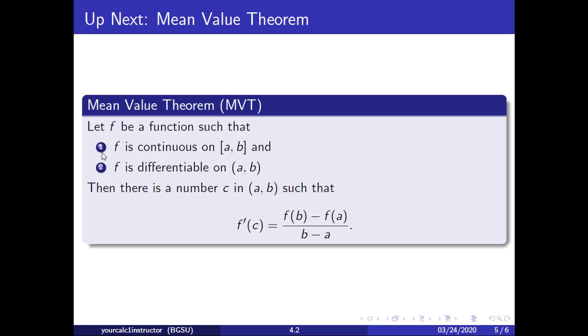This gives us that there is a number c in the open interval from a to b, such that f prime of c equals f of b minus f of a over b minus a, which you might recognize as the slope between the points a, f of a and b, f of b. In other words, there is a point where the instantaneous rate of change, the derivative, is equal to the average rate of change, the slope of the secant line over this interval.